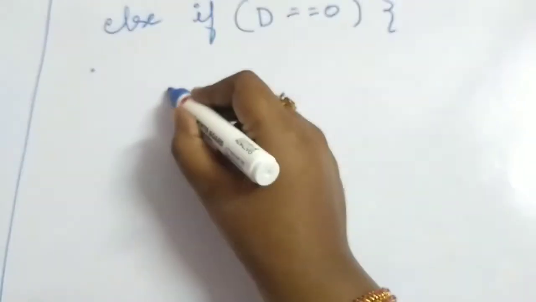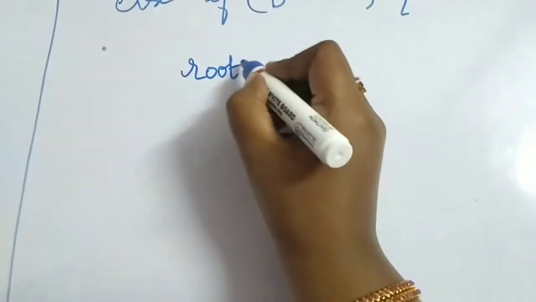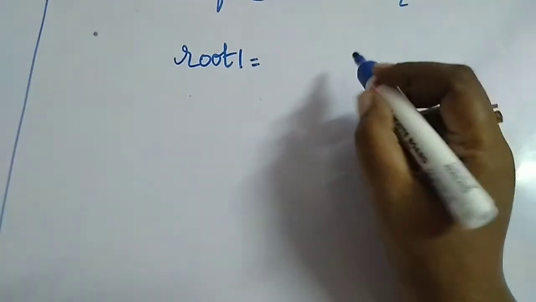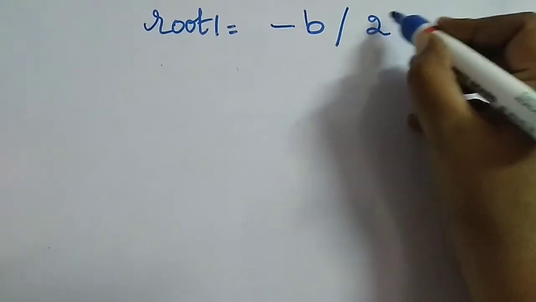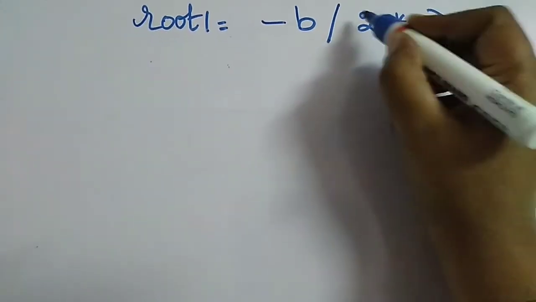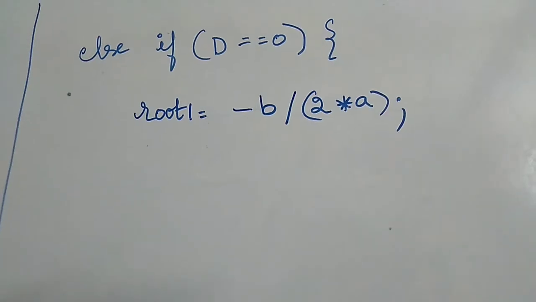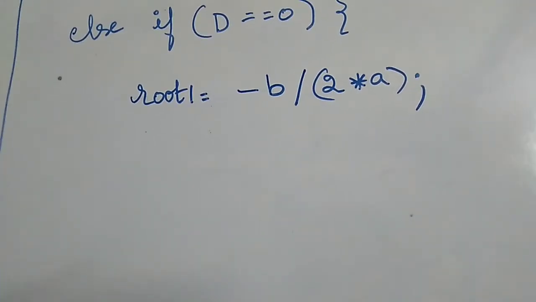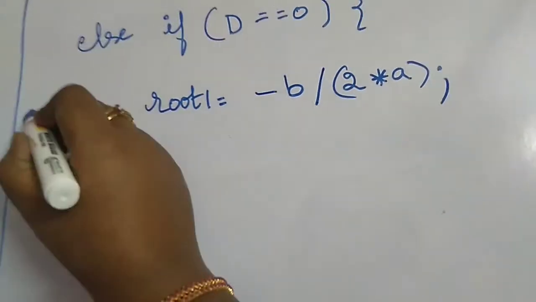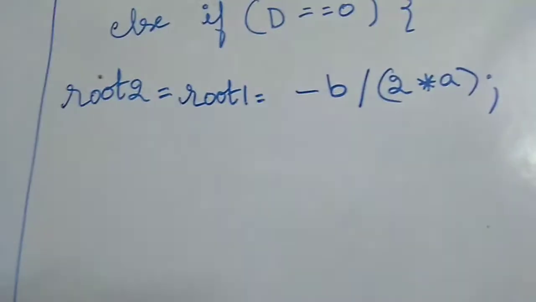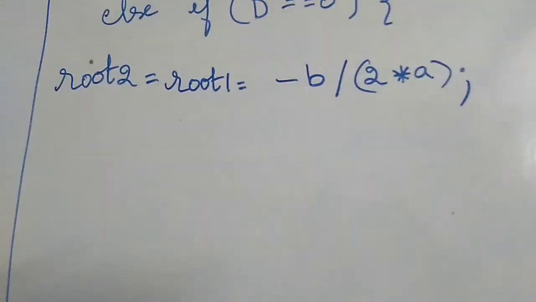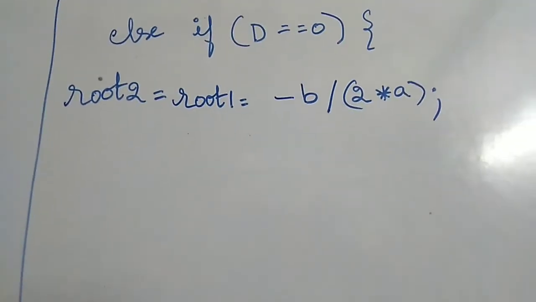Now I am calculating root 1 is equal to minus b divided by 2 into a. You can also use a chain of assignment over here, so I am saying root 2 is equal to root 1 is equal to. You can have something like this.